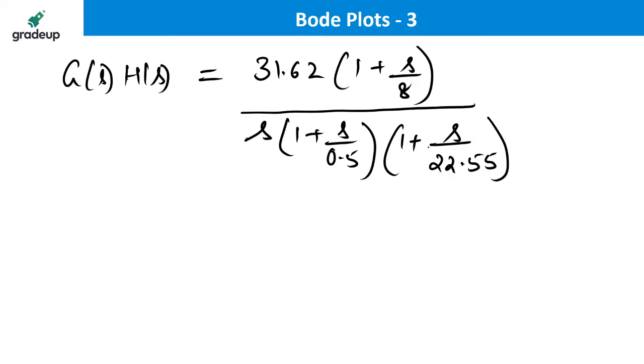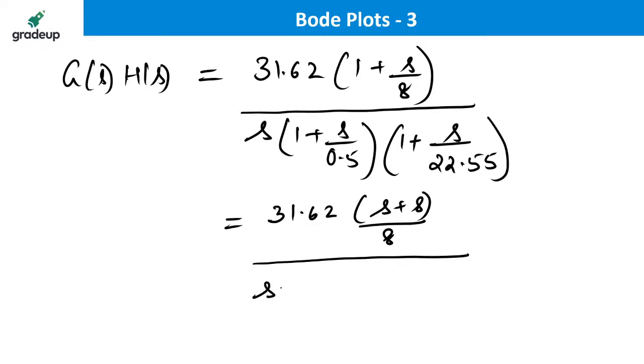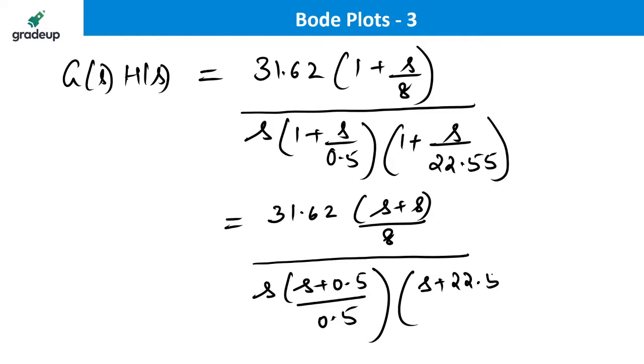So maybe we can leave it like this, or maybe we can rearrange the terms. If I rearrange, this will be 31.62 (s plus 8) divided by 8, whole divided by s into (s plus 0.5) divided by 0.5, into (s plus 22.55) divided by 22.55.